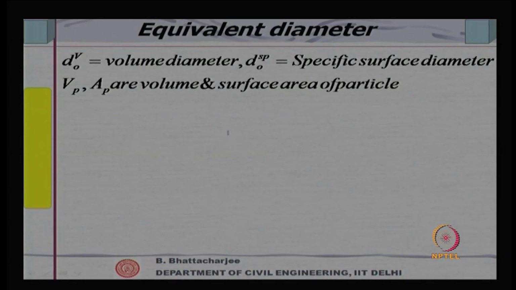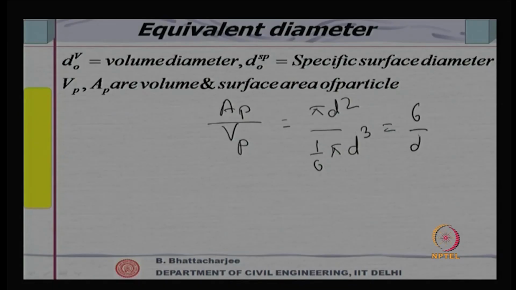It will be A p by V p, and the specific surface of a sphere would be pi d square divided by 1/6 pi d cube, which is simply 6 by d. So, this d will be equal to 6 V p by A p, right.